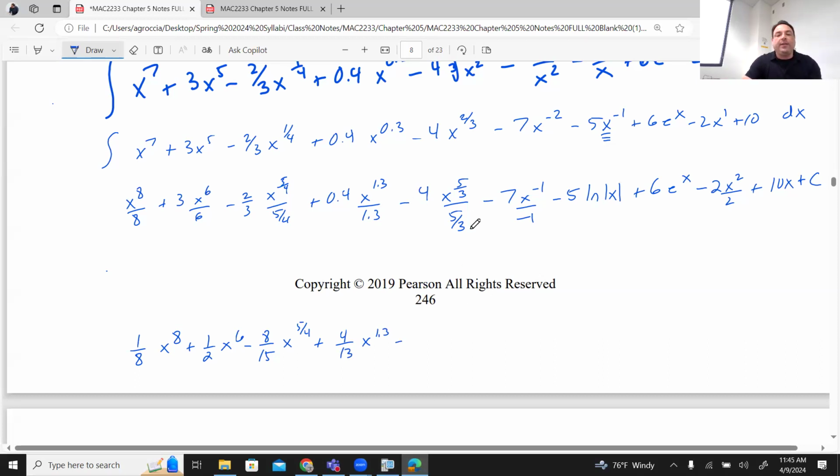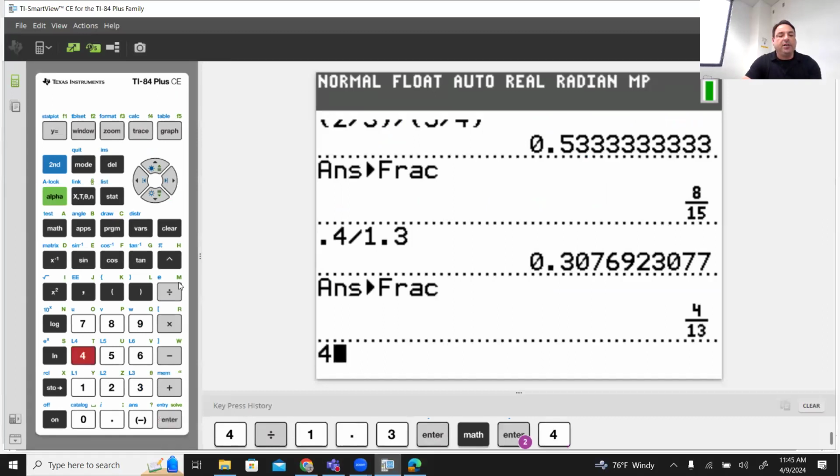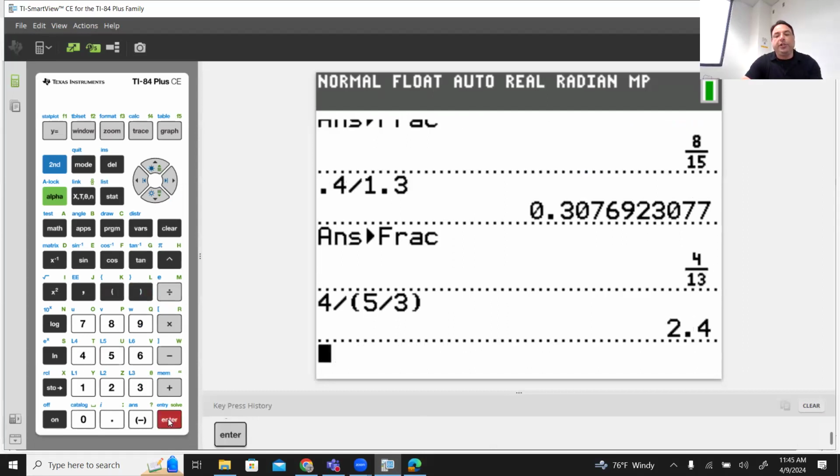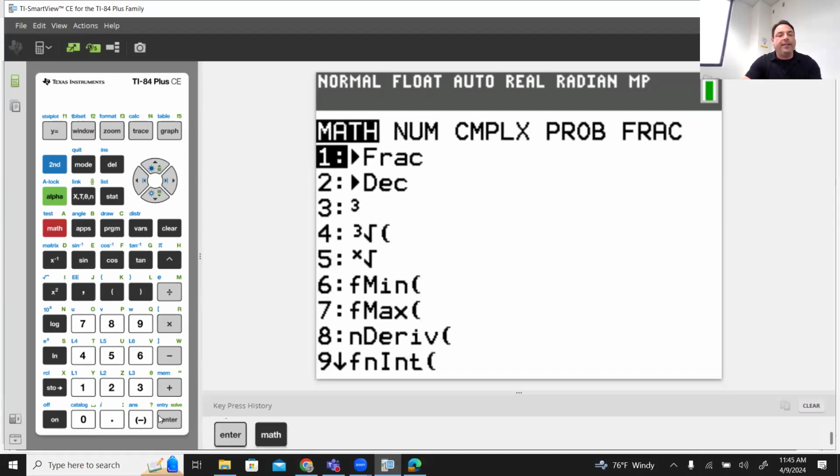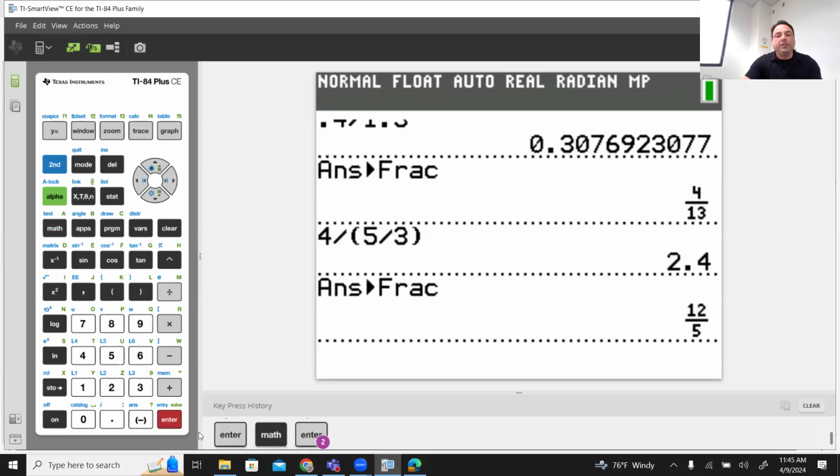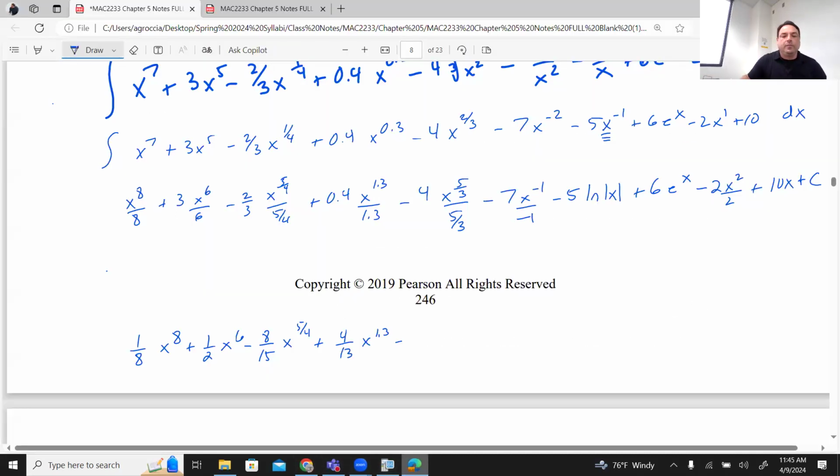So we have 4 divided by 5/3, which is 12 over 5. But again, if you want to use the calculator, 4 divided by 5/3, enter, you can put 2.4, or math fraction 12 over 5, x to the 5/3.